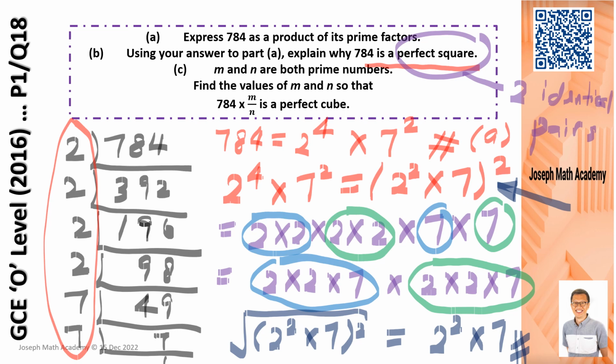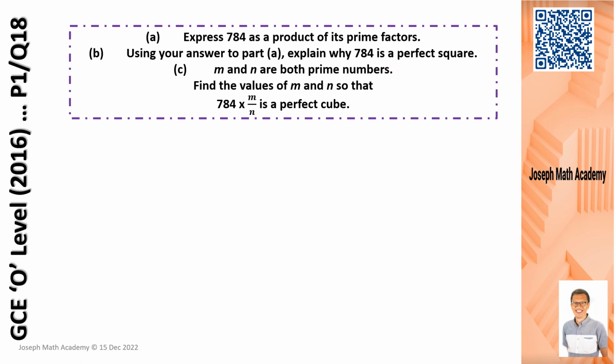Alright, now I'm going to use the next slide to do question 18, part C. Now, we are told that m and n are both prime numbers. So we are supposed to find the values of m and n so that this expression here is a perfect cube.